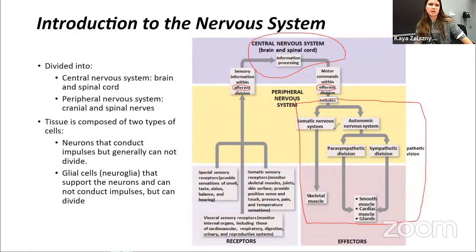We're going to spend a lot of time comparing somatic versus autonomic, and then comparing parasympathetic versus sympathetic. Right now, we're just talking central and a little bit about peripheral, and there are both functional and anatomical distinctions here. Central is because it's literally in the center of the body, peripheral because it's literally out towards the edges, and they have different functions in terms of information processing and integration, versus sending and receiving signals.